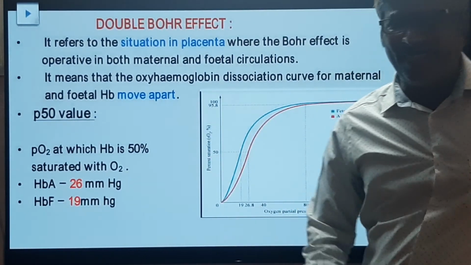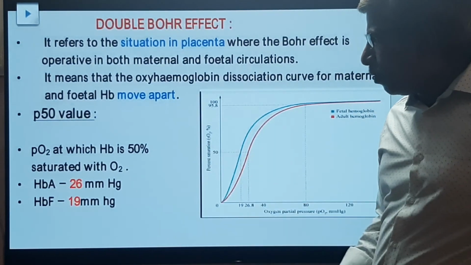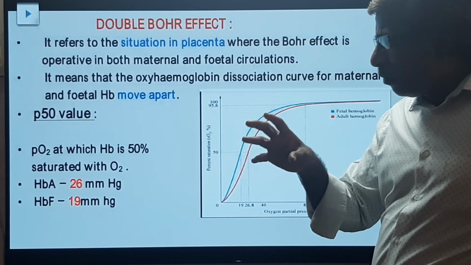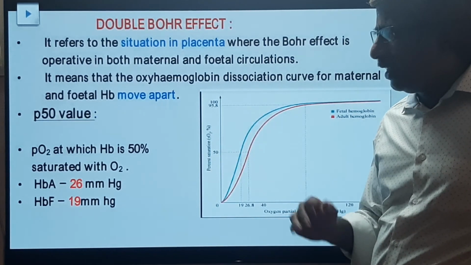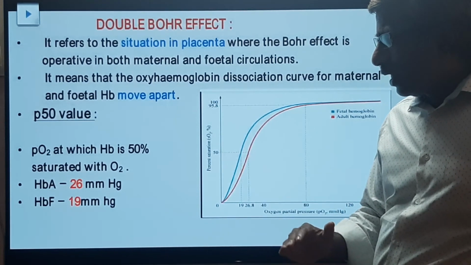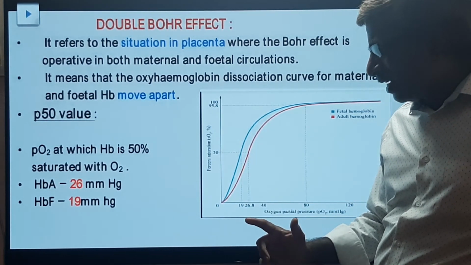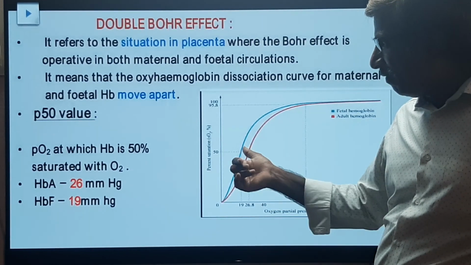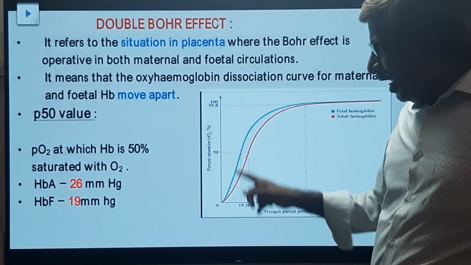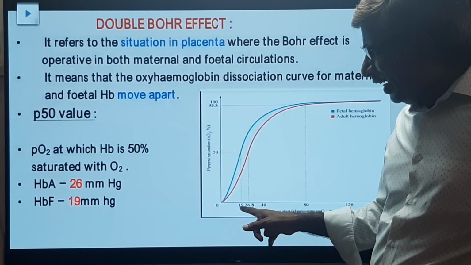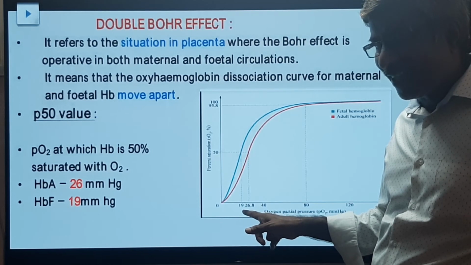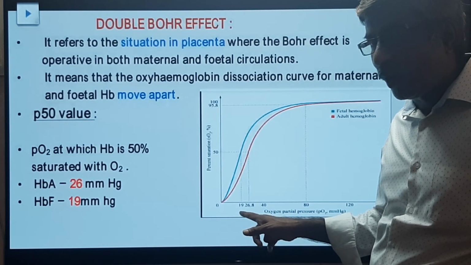In the fetus, at 19 mmHg only, 50% is saturated because it has more oxygen holding capacity.